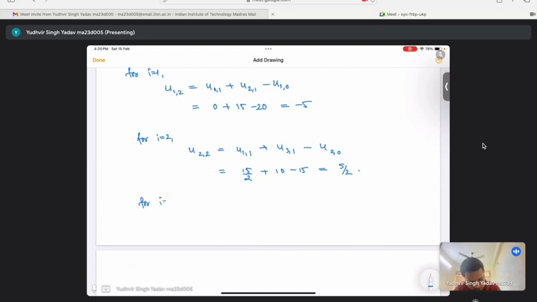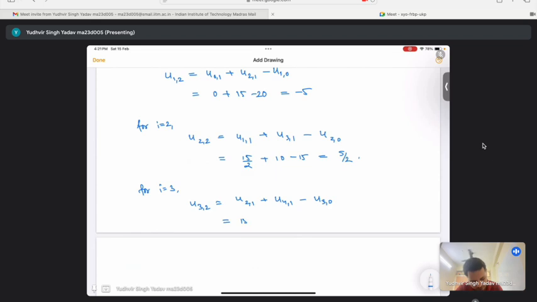Similarly, for i equals 3, we will have u3,2 equals u2,1 plus u4,1 minus u3,0. So it will be 15 plus 5, and the value of u3,0 is 10. So minus 10, the answer comes out to be 10. Also, one more point we need, that is i equals 4.